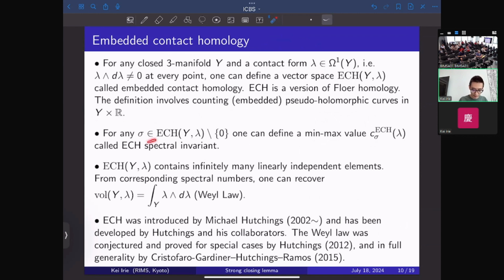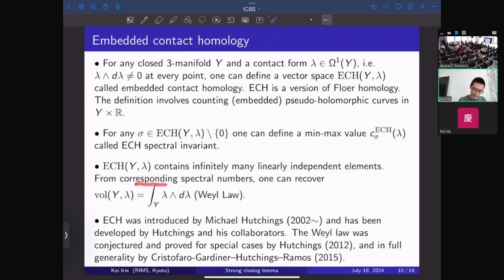And for any non-zero homology class sigma, one can define a minimax value, c_sigma^ECH(lambda), that is a non-negative real number, called the ECH spectral invariant. And this vector space ECH(Y, lambda) is infinite dimensional, so it contains infinitely many linearly independent elements.